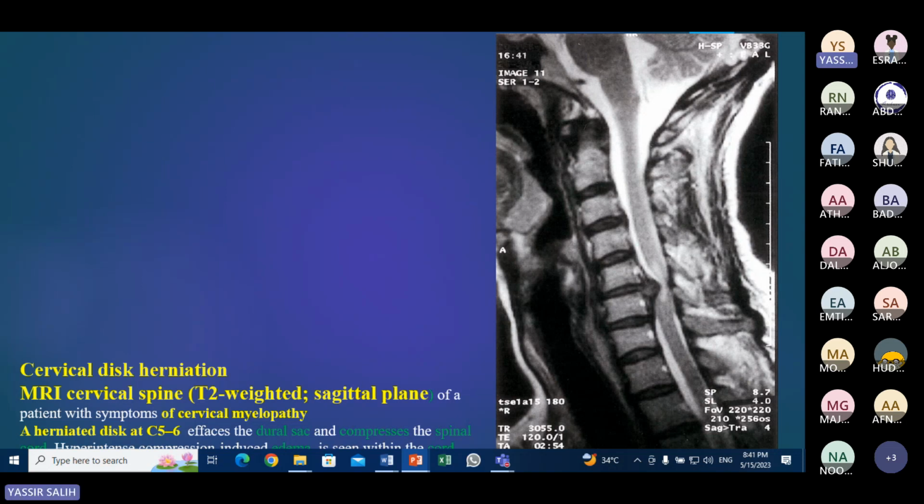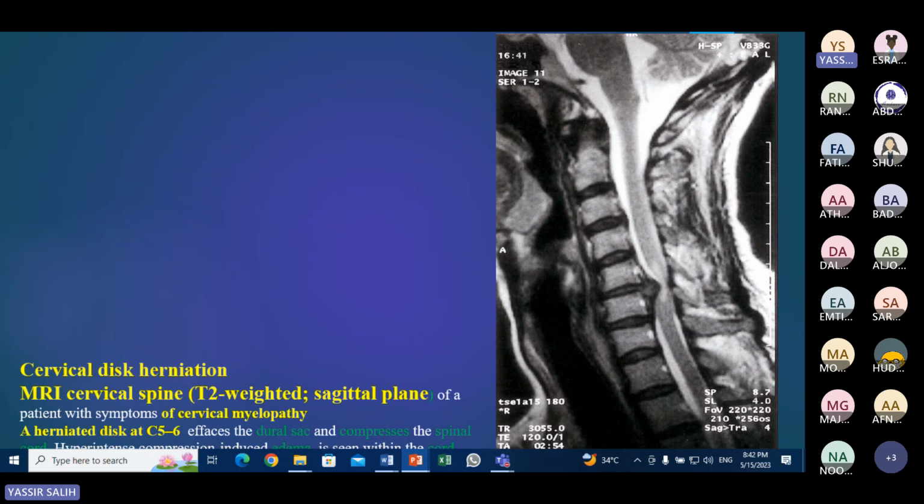Of the neck. Which plane or section? Sagittal plane. This patient presents with symptoms of cervical myelopathy. We said that myelopathy means symptoms related to spinal cord compression.